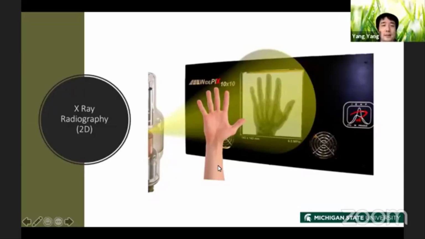Okay, now it is very simple to make a shadow with X-ray. The way to do this is, if you have an X-ray source, this X-ray source can emit X-rays. So these X-rays go in different directions. And if we put your hand here, these X-rays leave a shadow on the photographic plates. But what makes X-ray useful is that it has the ability to penetrate objects. And its ability of penetration is related to the density of the object.